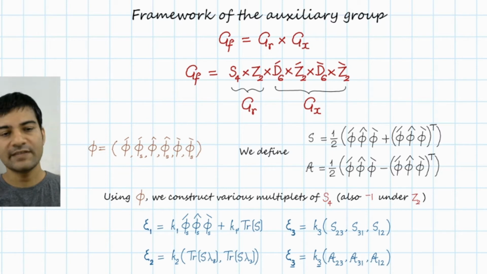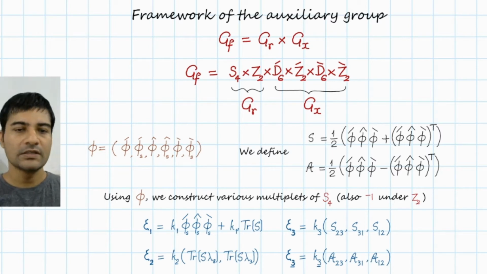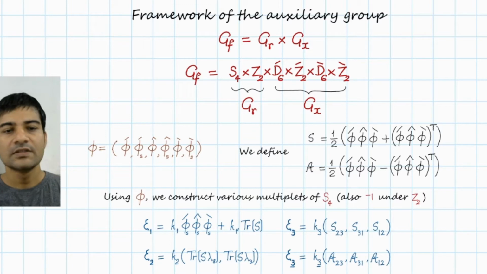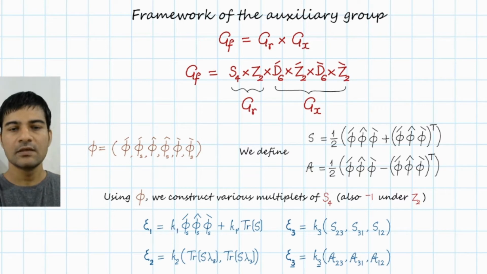I use the letter psi to denote the effective fields. The subscripts 1, 2, 3 and 3 bar denote how these effective fields transform under S4. In these expressions, these k's are some constants and this lambda 8 and lambda 3 are the Gell-Mann matrices.